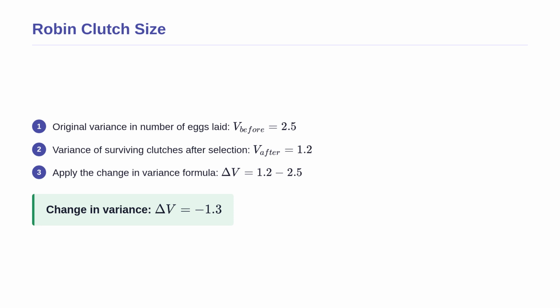After this intense selection pressure, the surviving variance drops to 1.2. We need to calculate the change in variance. By subtracting the initial 2.5 from the final 1.2, we get negative 1.3. This negative value physically proves that nature is squeezing the population toward the optimal average.